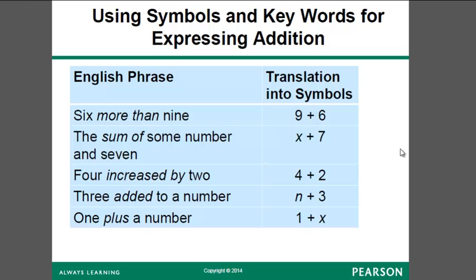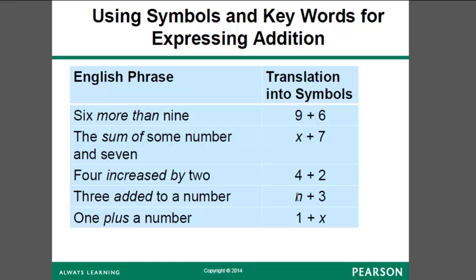The third example, 4 increased by 2. Well, increase is also another definition of addition. So 4 plus 2. 3 added to a number. So here again, we just have a number. We're going to use a variable.